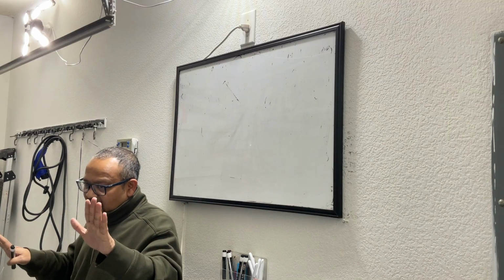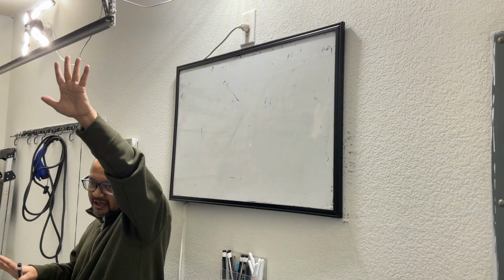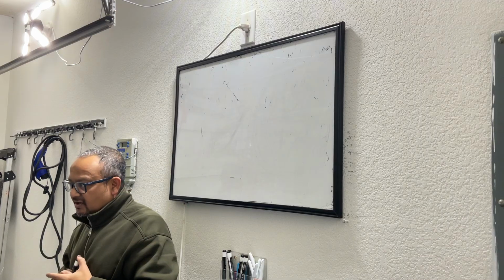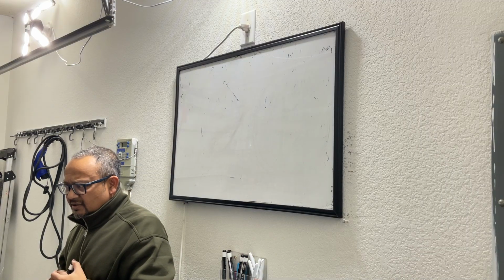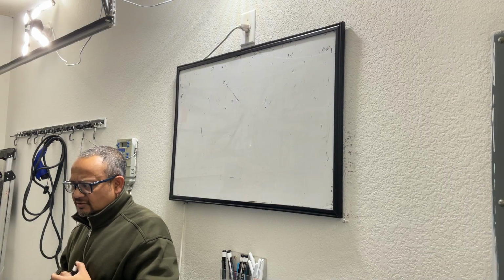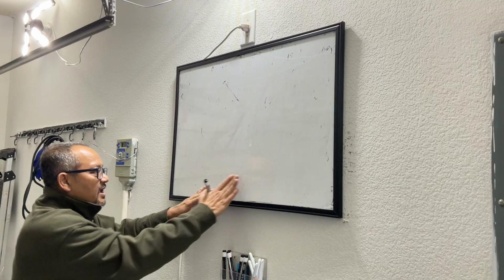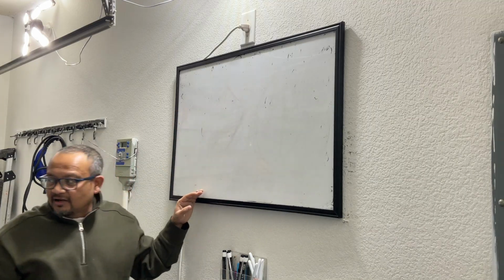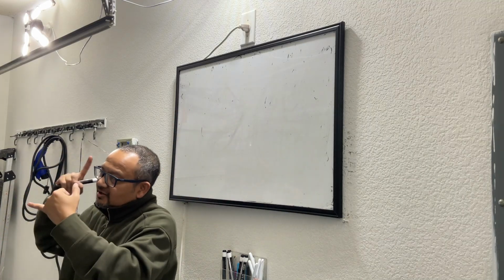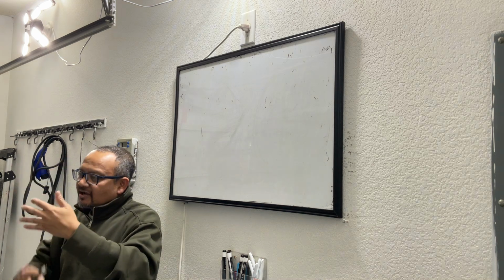With 90 degrees, rectangle. So every rectangle is a parallelogram, but every parallelogram will not be a rectangle. Does it make sense? Okay, let's move on. So we talked about rectangle, square, rhombus, kite and parallelogram.